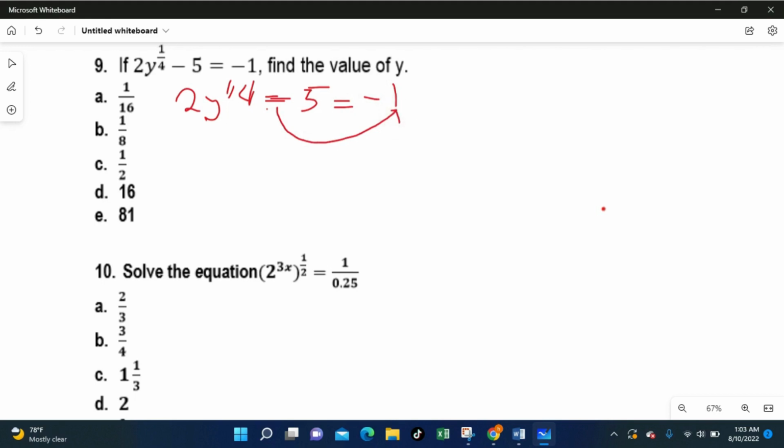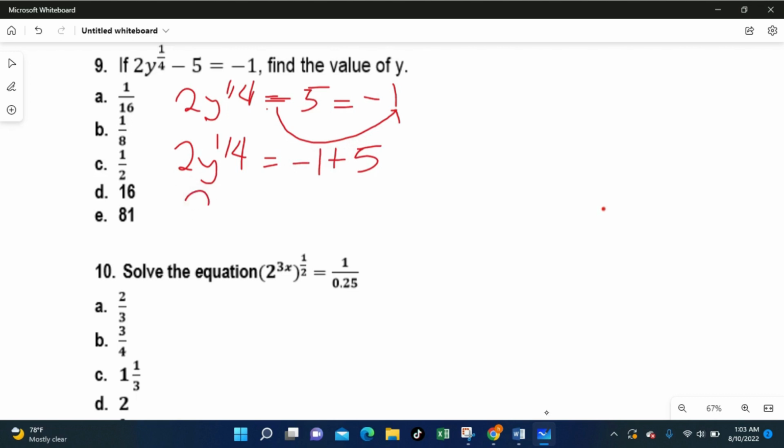So, if we do that, we are going to have 2y raised to power 1 over 4 equal to minus 1 plus 5. Remember that principle: minus crossing an equal to sign becomes plus.